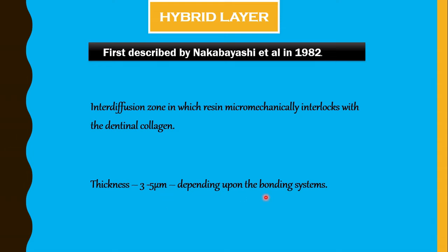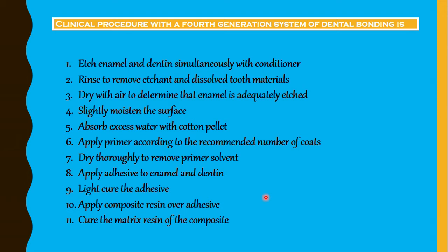So the clinical procedure with the 4th generation bonding agent is, first we have to etch the dentine and enamel simultaneously and rinse to remove the etchant and dissolved tooth material, then air dry it, air thinning, but it should be slightly moistened. We have to absorb the excess water only with a cotton pellet, and after that we can apply the primer according to the manufacturer's instruction.